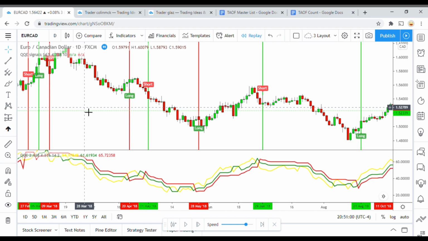And so one thing that we've been discussing on the Discord server is isolating out indicators for different purposes.